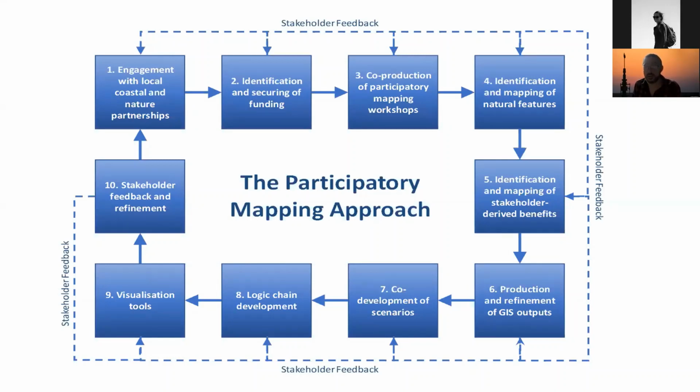We then looked at co-production of the workshops, getting community members into the workshop design at an early stage. We looked at mapping and identifying features, mapping benefits, producing a range of GIS outputs and materials for communities and decision makers to use, and then development of scenarios, and a range of stakeholder-based tools, visualization tools and feedback.